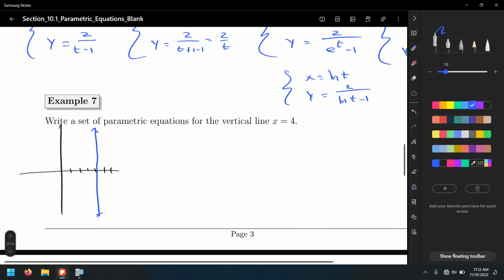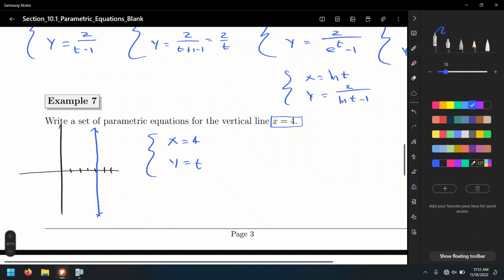Even though this might look a little weird, a little tricky, we already have a freebie here. They're telling us that x equals 4, all right? And when we write the set of parametric equations, x equals 4, y equals, I'm going to say anything. I'm just going to say t.